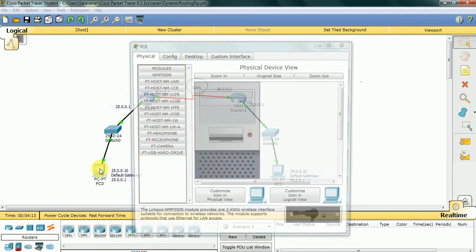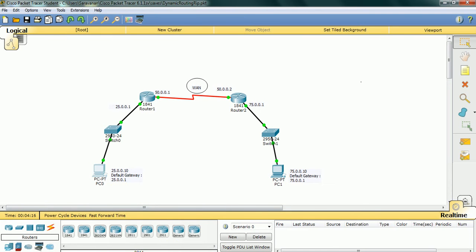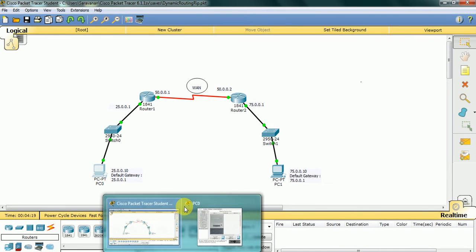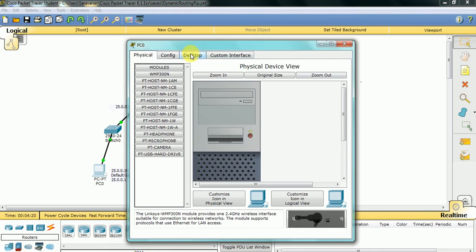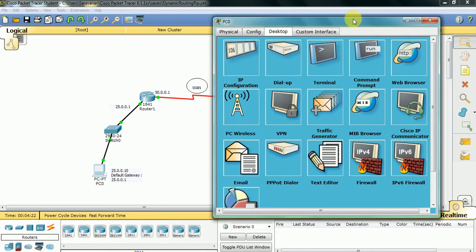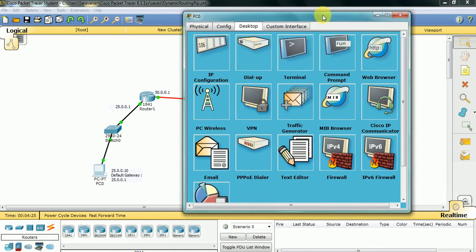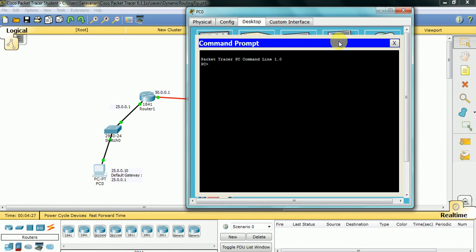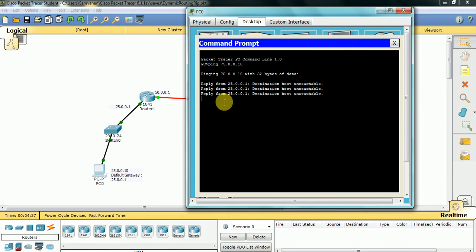Let us try to communicate from this PC0 to PC1. Let me ping 75.0.0.10. So it is saying that destination host unreachable.